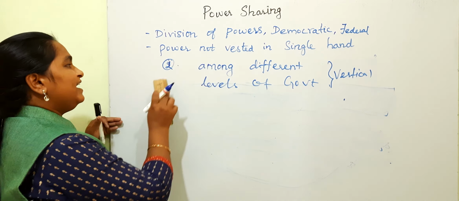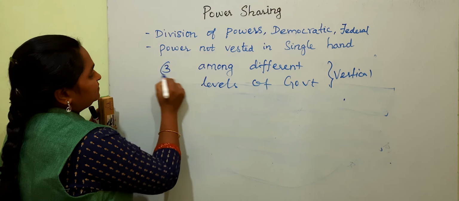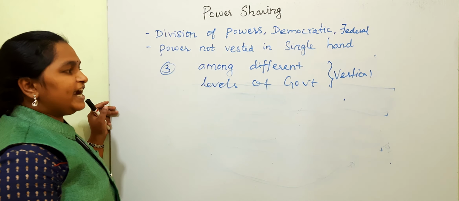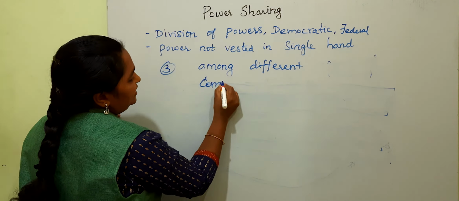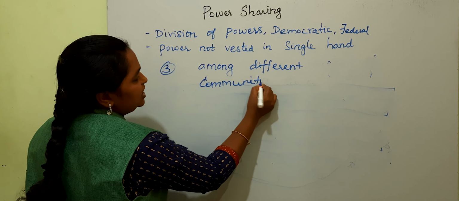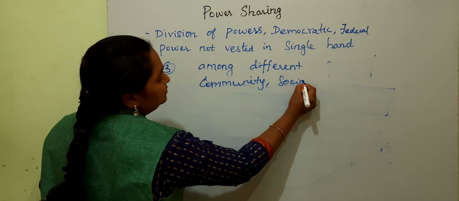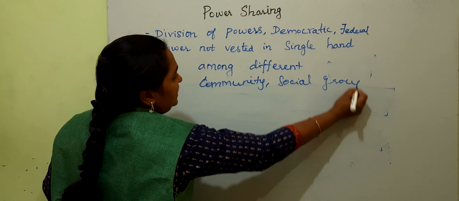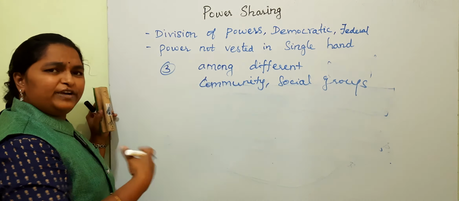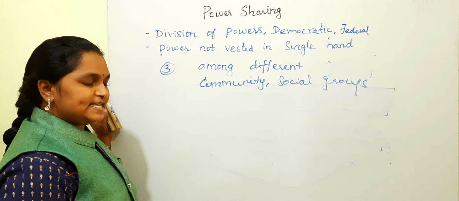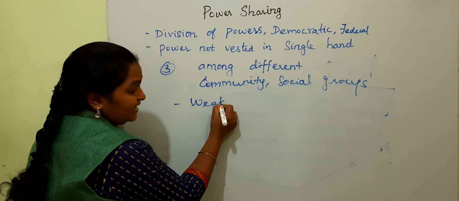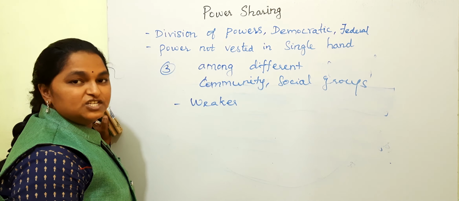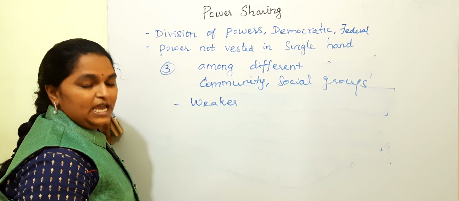Fine, children. Next we will see the third level. The third is power shared among different community and social groups. It's very important. What are different communities and social groups? In our country, there are weaker sections, maybe SC, ST or women.